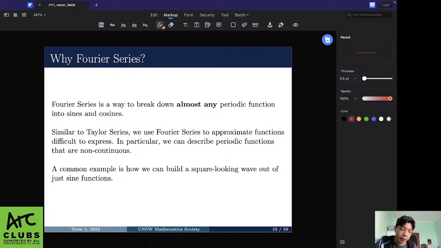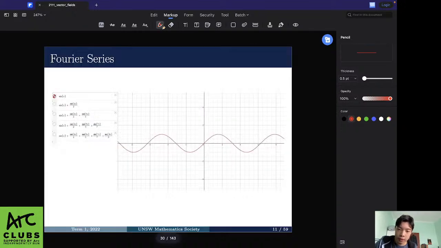One of the most common types of functions that are approximated is a square-looking function, and we can see it right here. Generally, we have a bunch of cosine terms and sine terms, and as we add more and more, it starts to approximate the curve that we're trying to find.